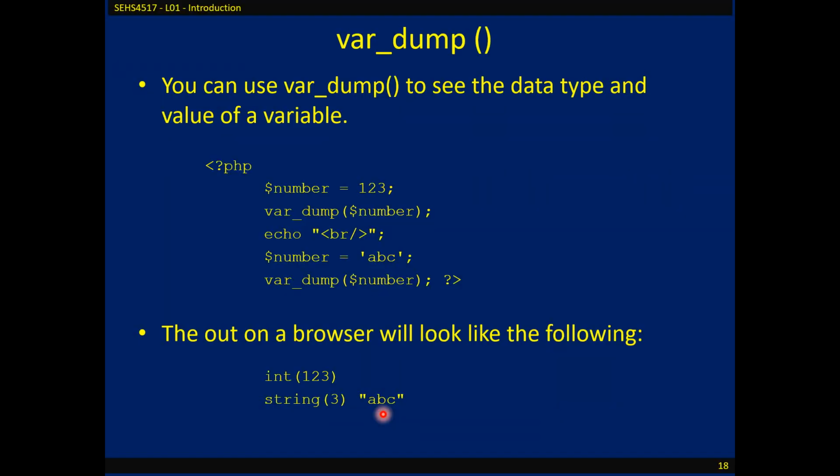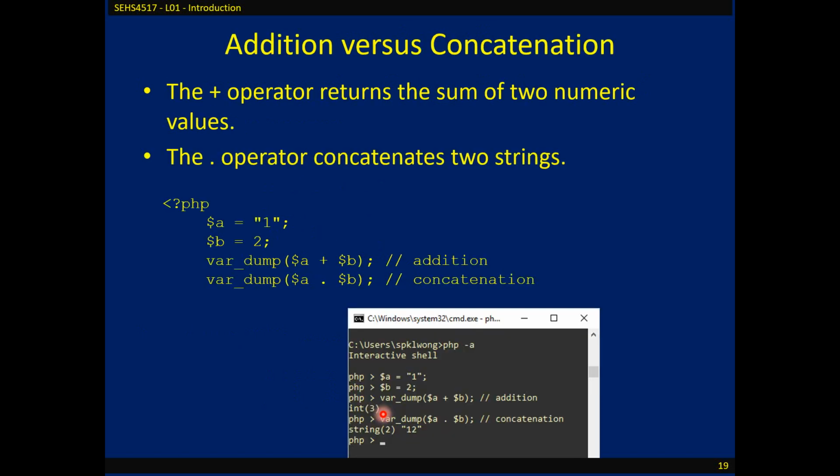Let's move on to slide 19. Now remember, last time we talked about addition versus concatenation. Addition means adding numbers. The plus operator returns the sum of 2 numeric values. The dot operator concatenates.